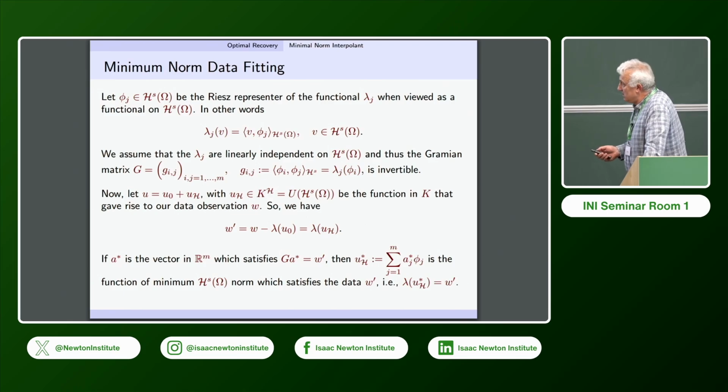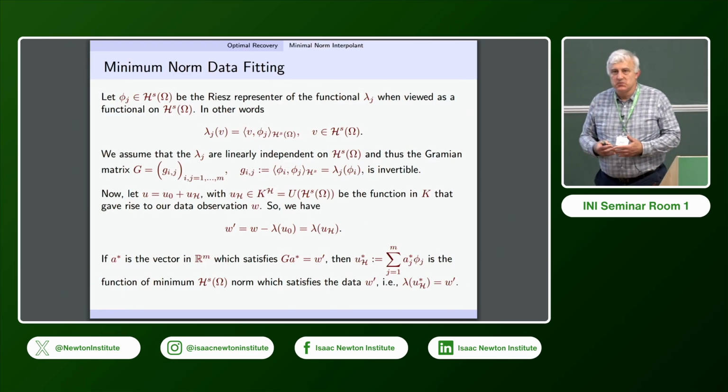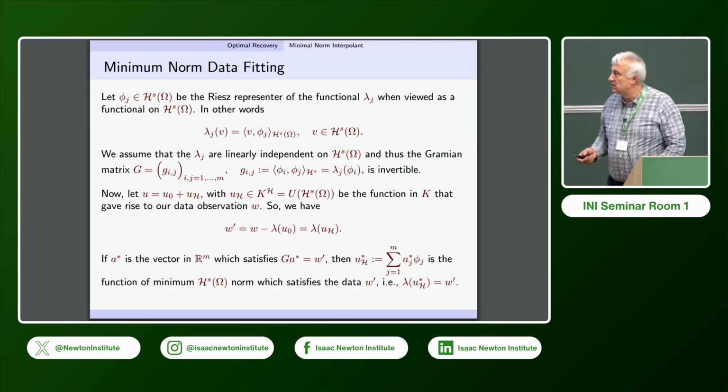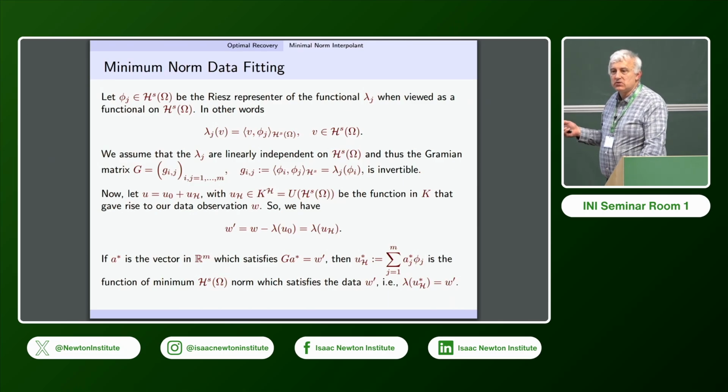The next thing is how we fit the data. Actually, that is the most important part of the research we did. To fit the data, we know some functionals, lambda j, but we need to work with them. One way to work with them is to use the Ritz representers in HS.